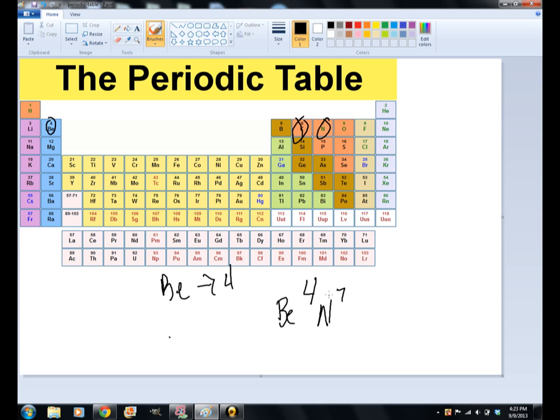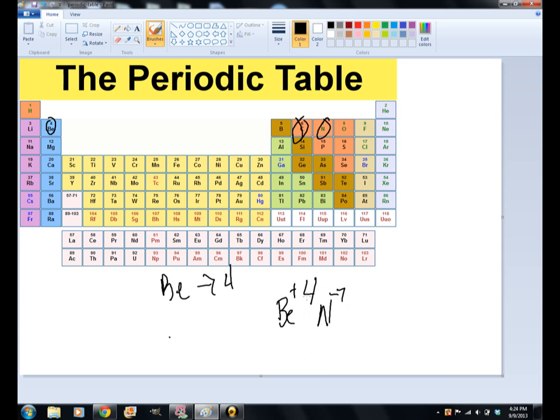Now these, positive and negative, these don't go together. Well, they do, but you have to include subscripts. So you find the least common multiple, which is 7 times 4, which is 28.